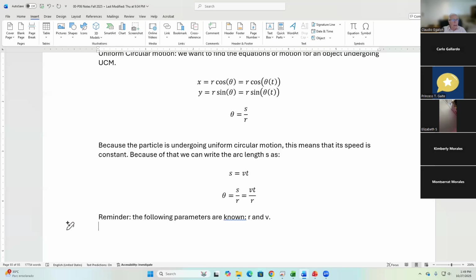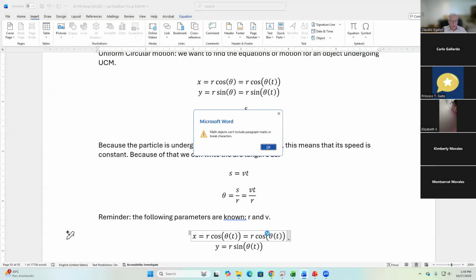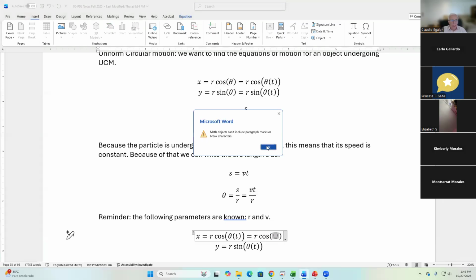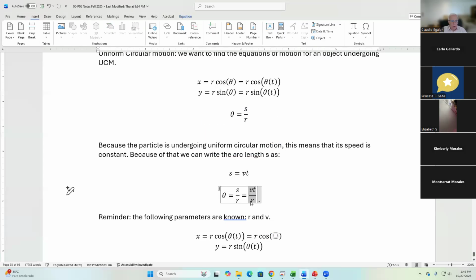And now the x and y coordinates of the particle can be written as Vt over R. Remember, I told you that theta is a function. What the heck's going on here? Let's try it again.